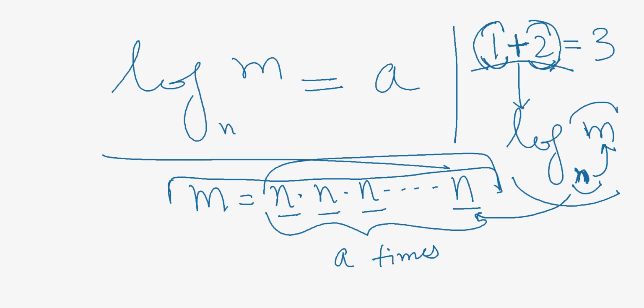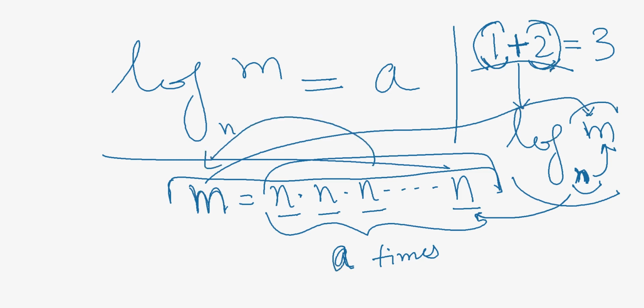Do you see that? And all of them multiplied together must equal m, that is the operand part. Then if you know how many times the base n is repeatedly multiplied so that the simplified form gives you the operand value, then this a is our answer.